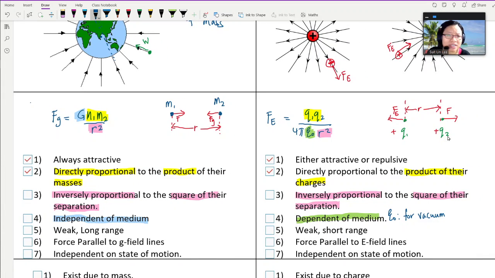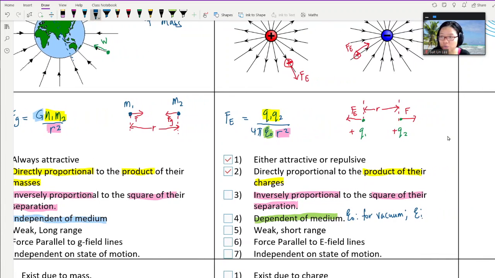But sometimes we put in some dielectric like ceramic, or sometimes some liquid. Different materials will have different epsilon. It's called the relative permittivity. It's not really in the A-level syllabus, but this epsilon r will depend on the medium.